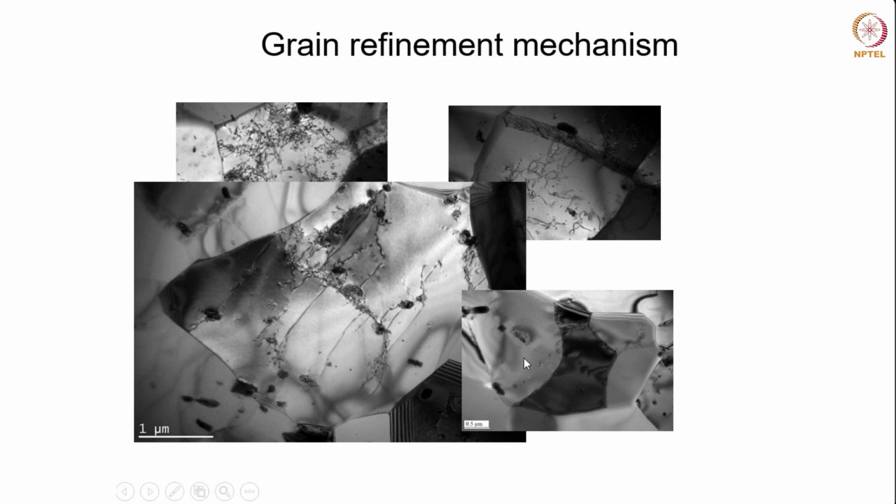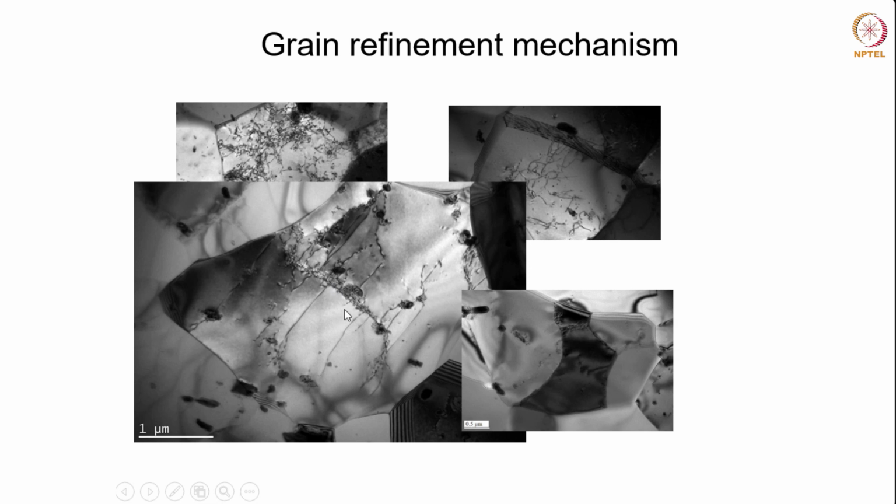Now you can see a clear-cut contrast between this region, bounded by these dislocation boundaries, and the original grain. What it means is the misorientation across these dislocation boundaries has now increased, and that is why you see this contrast. On the other hand, here in the beginning, this is just evolving into a low angle grain boundary.